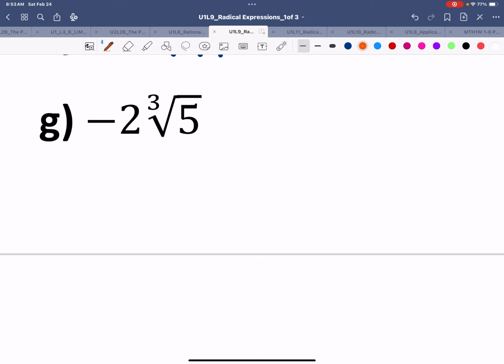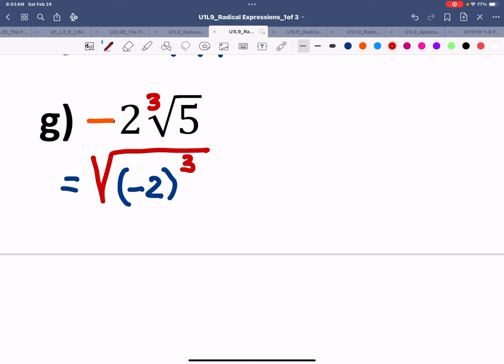Okay, next question. We have a minus. Now remember that this time, since the index is 3, we are allowed to bring negatives in because the index is odd, and the odd roots of a number can be negative as well. So we're going to bring the number negative 2 to the power of 3 and cube root it.